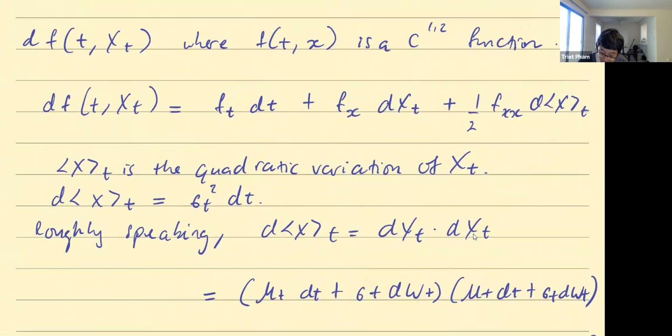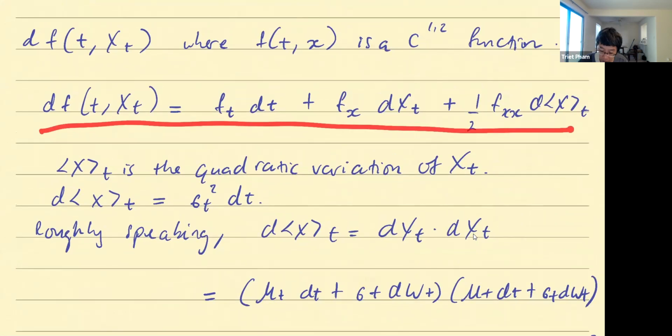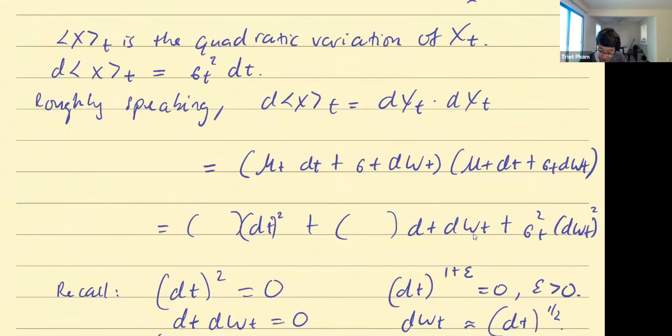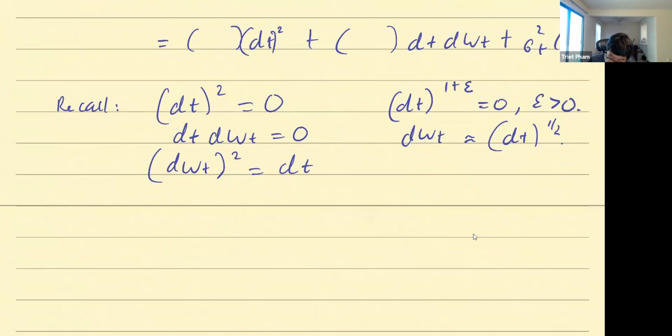So all in all, we can reduce this formula one more time, or make it more explicit. To recap, suppose that you have an Ito process like this.